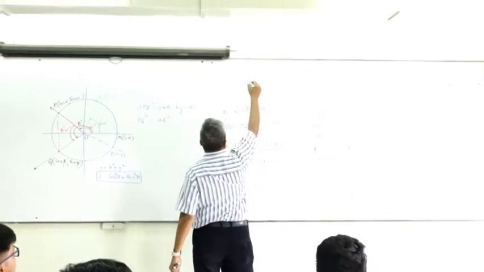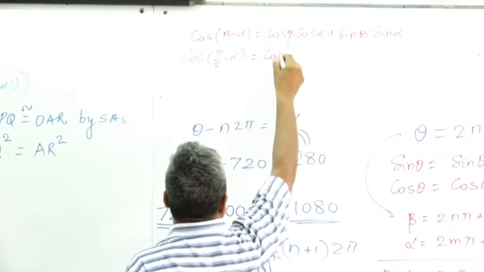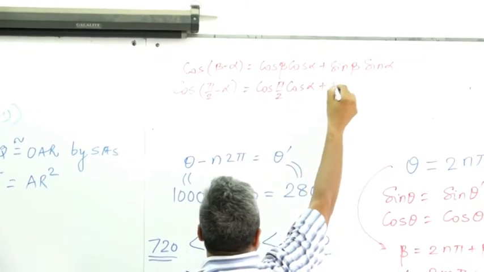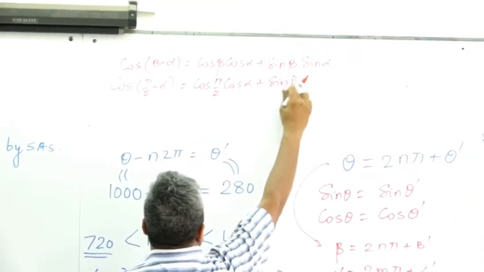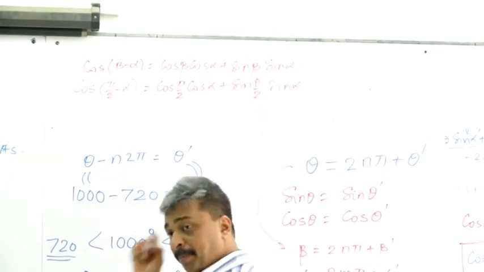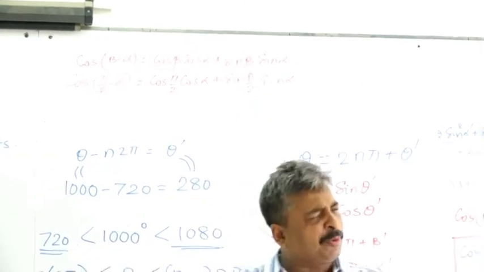Putting it into the formula, what we get is cos pi by 2 cos alpha plus sin pi by 2 sin alpha. Now we need to remember these values. What is cos pi by 2?